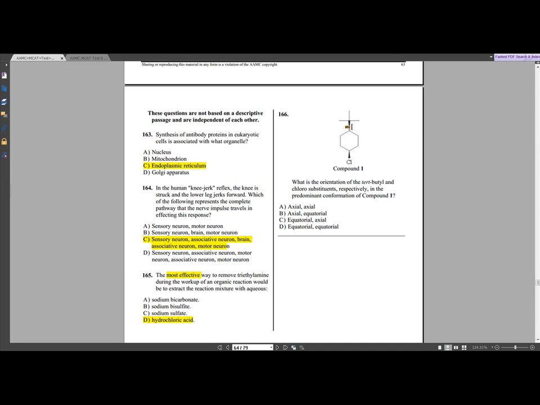Well, it goes from axial, equatorial, axial, equatorial. The most predominant conformation. Well, I know equatorial is most stable, so I guess that one's going to be equatorial.